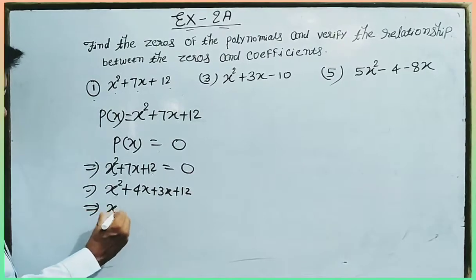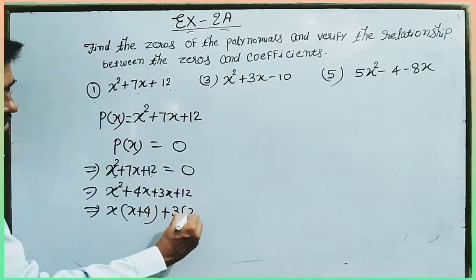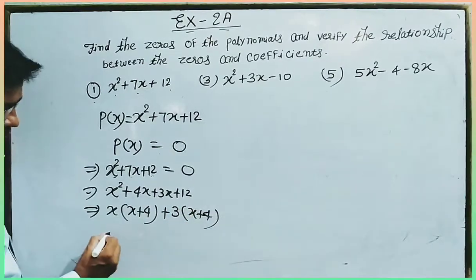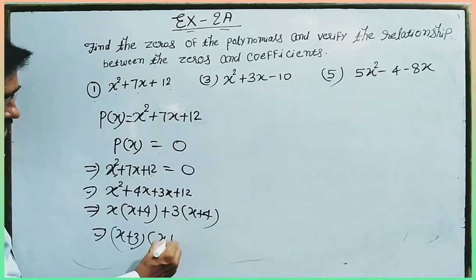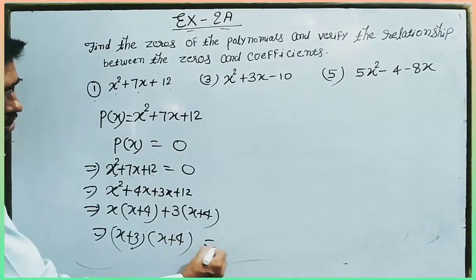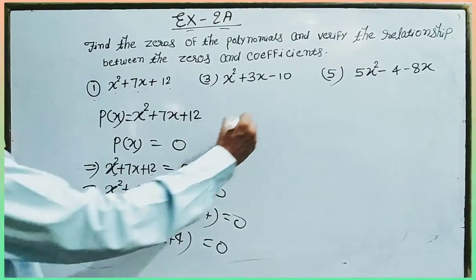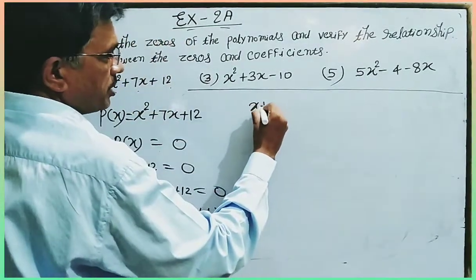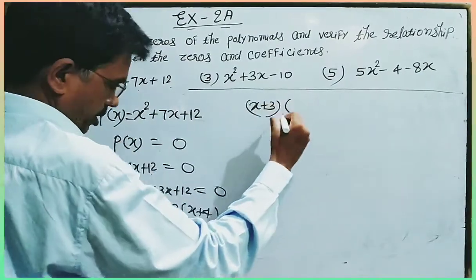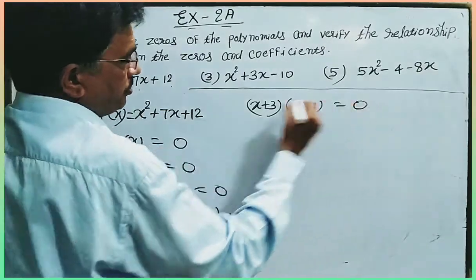Here take common x, that is x plus 4. Here take common 3, that is x plus 4. So there is x plus 3 and there is x plus 4, it is equal to 0. So now write here (x plus 3)(x plus 4) is equal to 0.